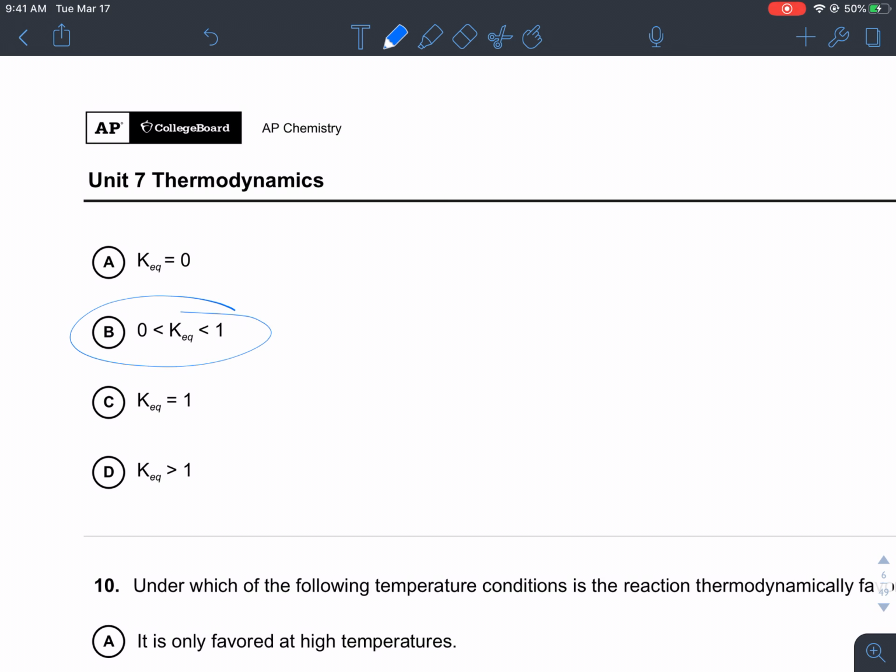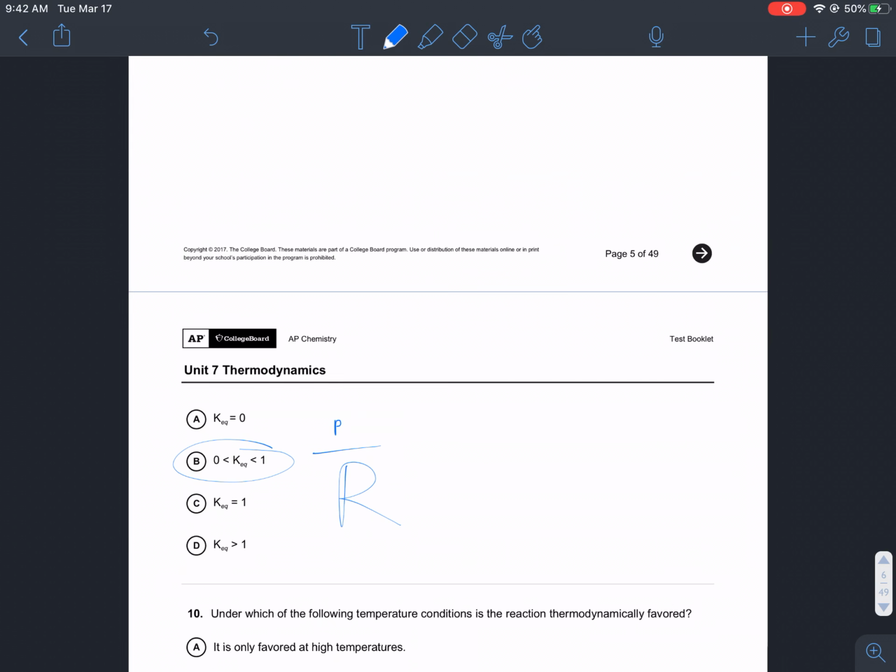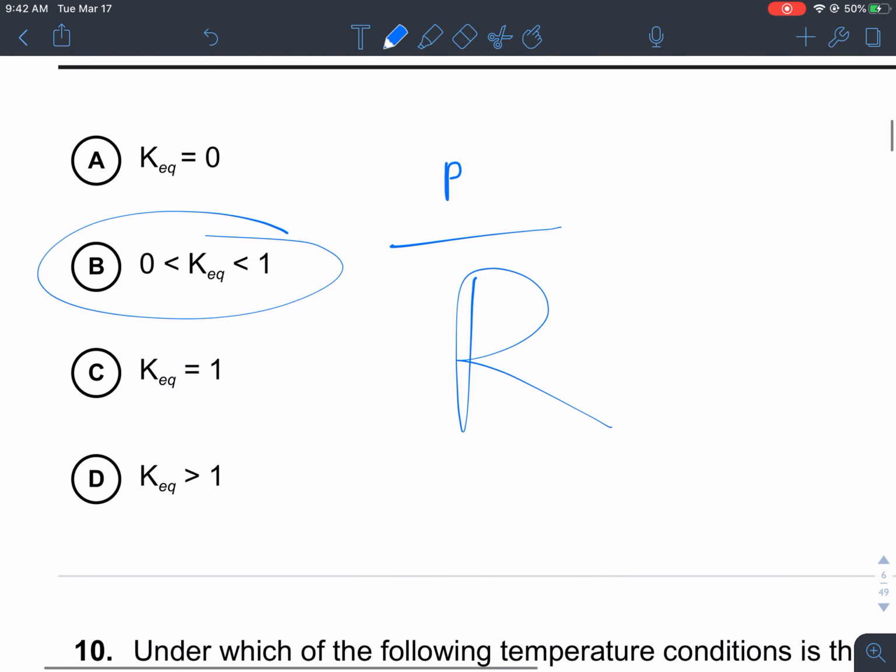So the correct answer is B. It's a fraction. There's more reactants than there is products. That's why your K is some kind of fraction. I want you to logically think through that. If you produce more reactants than products, if you're not producing products, you're not thermodynamically favorable. You are not spontaneous. You need help, okay?